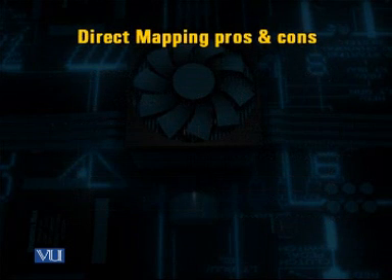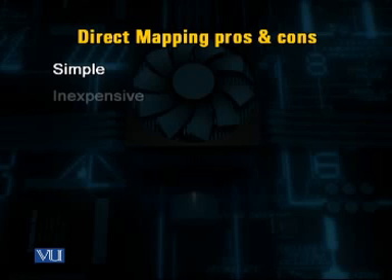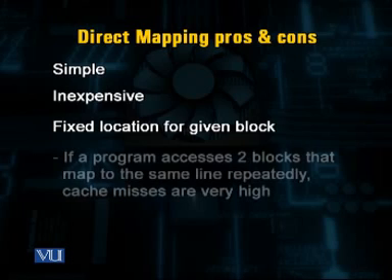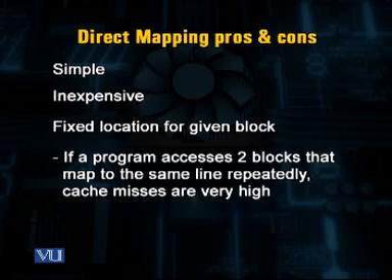The direct map cache is simple, inexpensive, and it offers a fixed location for a given block. So if a program repeatedly accesses 2 blocks that map to the same line, cache misses will be very high.